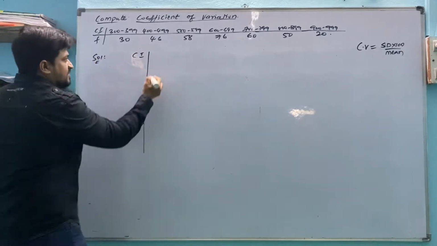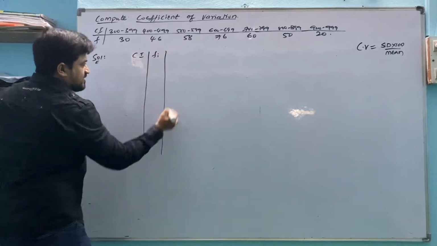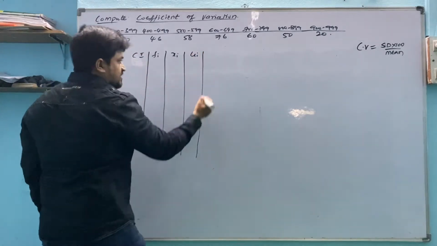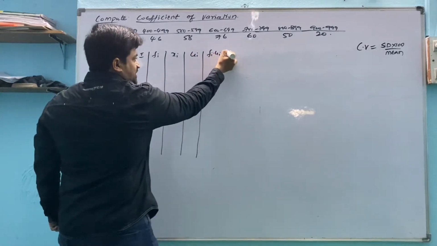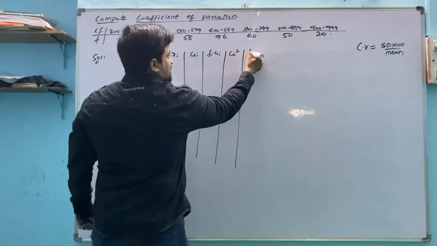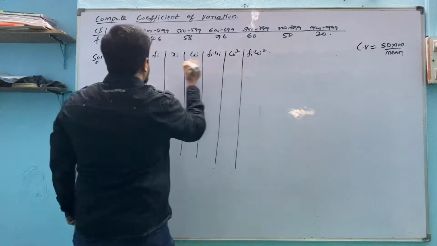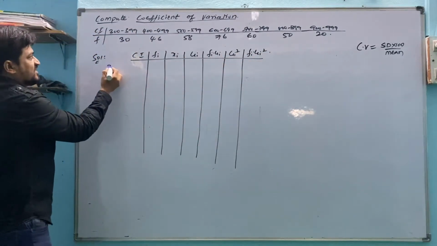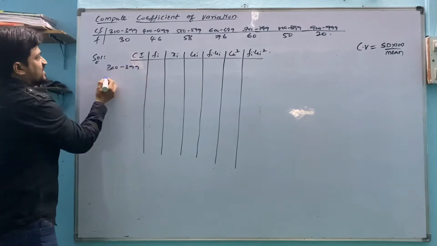Ci, Fi, Xi, Ui, Fi into Ui. Then we have Ui square, Fi into Ui square. These are the columns which we need to find. First, you have class interval and frequency.